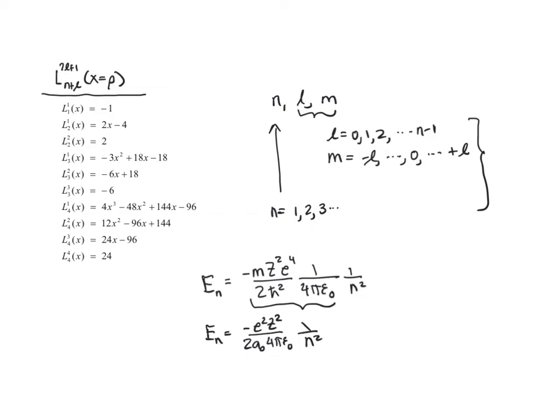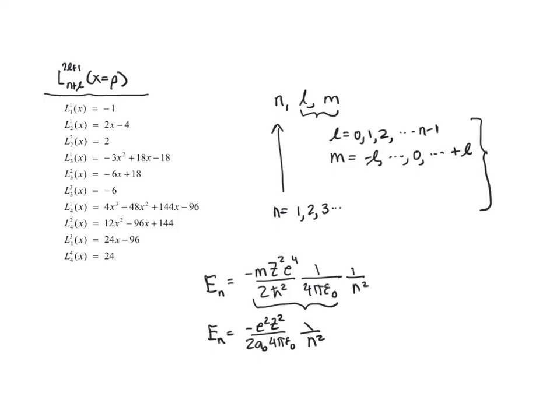The following combination of constants has the units of energy. So if we take the charge on the electron squared divided by 4 pi epsilon naught times the Bohr radius, that has units of energy, and we call this energy a Hartree. So E sub H is called a Hartree.